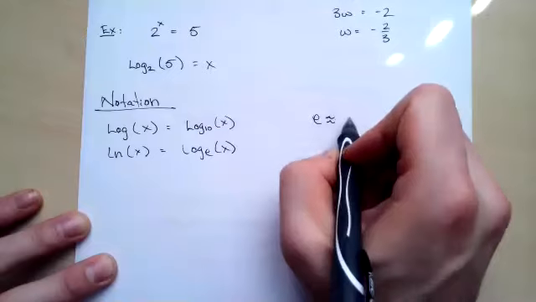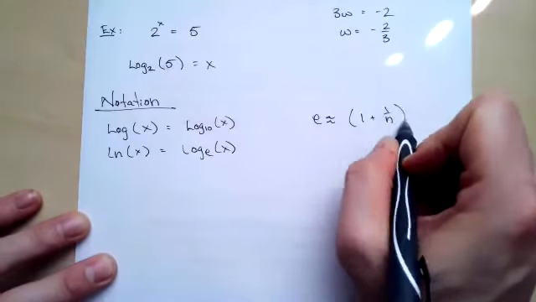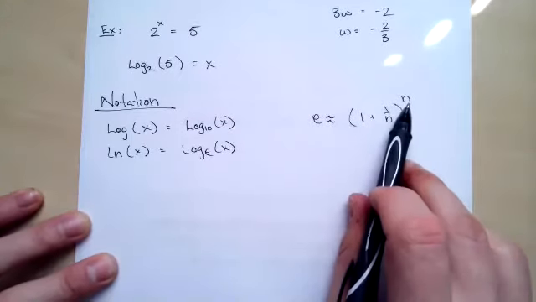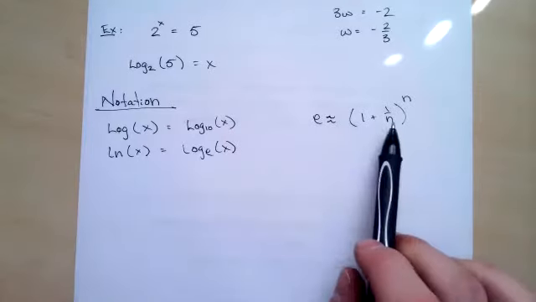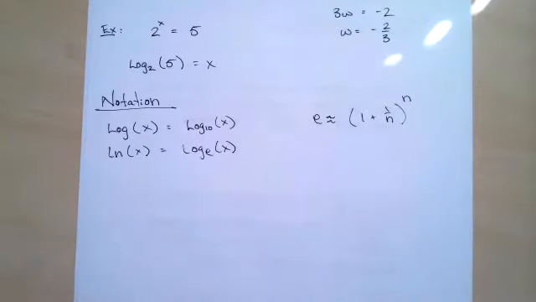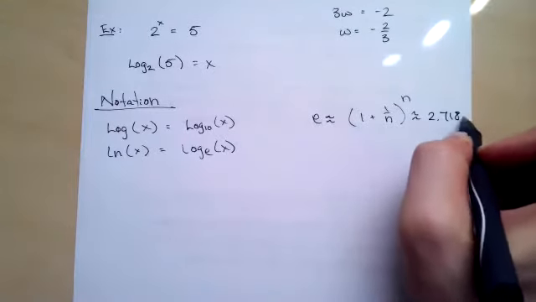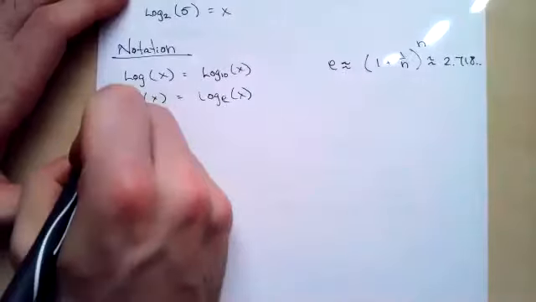We'll talk more about e at the end of the course. You'll talk about it in calculus as well. But it's going to be an expression like this, and when we take n for very big numbers of n, as n gets bigger and bigger, this approaches a limit, is what we call it. It's about 2.718. Another number like pi.